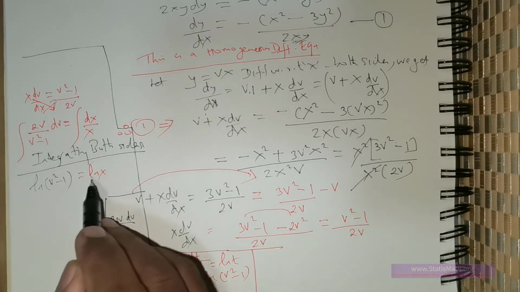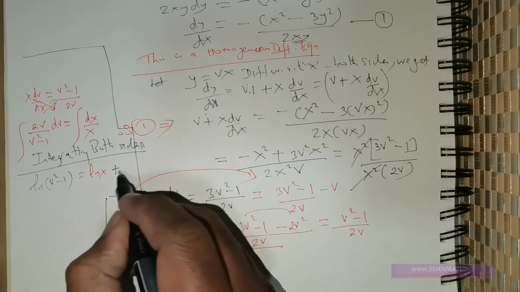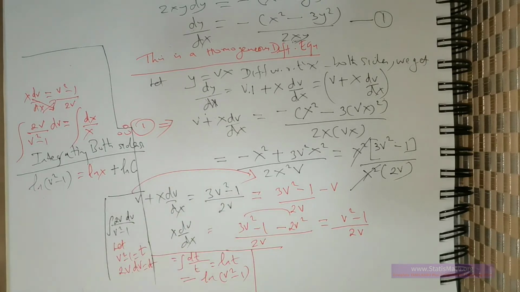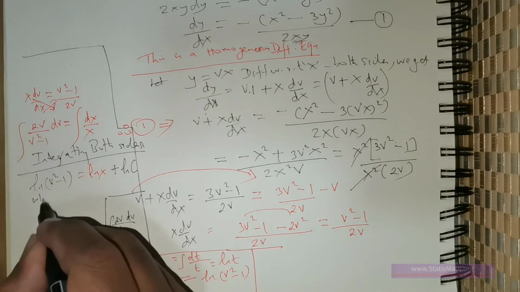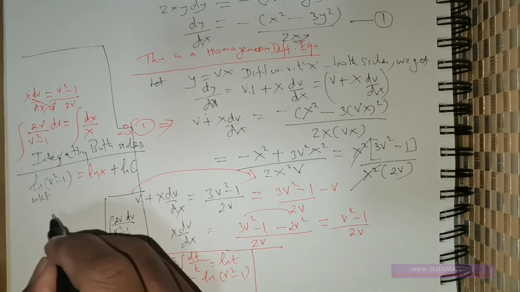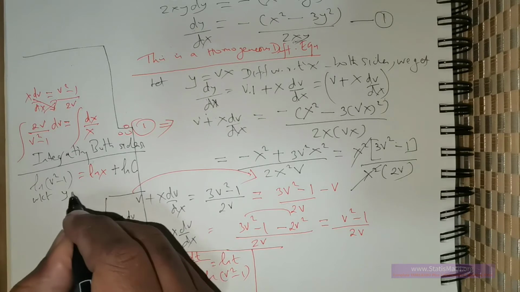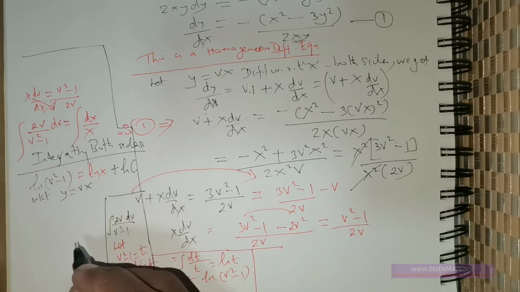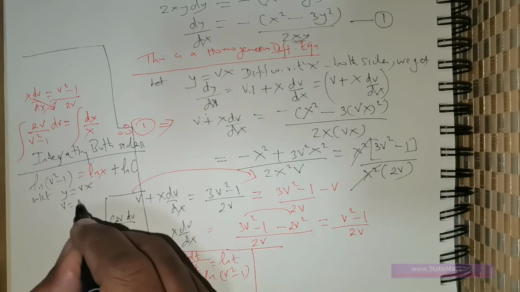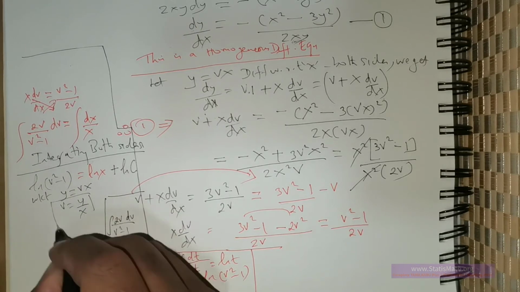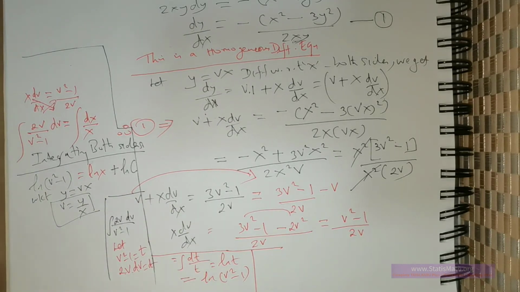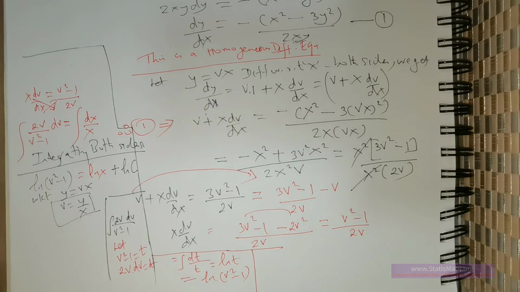Now we have an ln here, and an ln here. We can very well add an ln c. Now we know that y is taken to be vx, so v is y over x, so we need to substitute this after the integration. So that is a very important part.